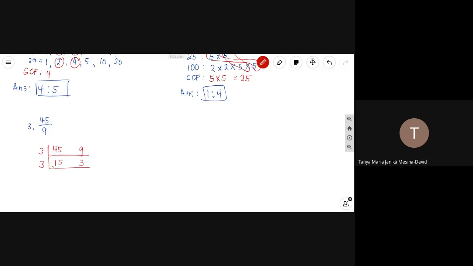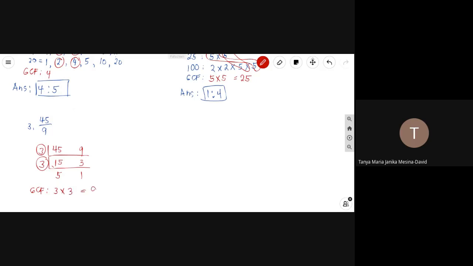So 15 divided by 3 is 5 and 3 divided by 3 is 1. Since 5 and 1 cannot be divided anymore by any number other than 1, I will stop here and encircle the numbers that I wrote for division.